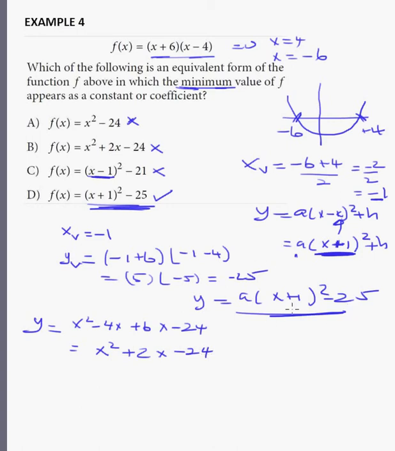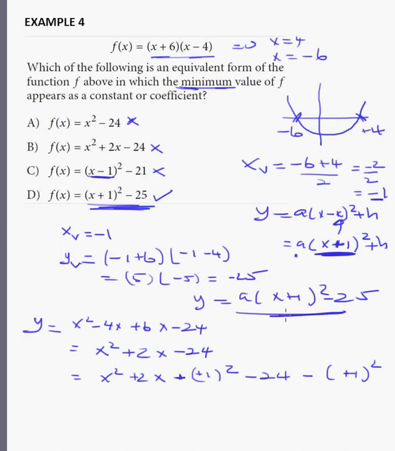Now, if you want to do this in vertex form, we take the x squared, keep our 2x, and add half of this, which is 1, all squared. We keep our 24, and we subtract 1 also squared.